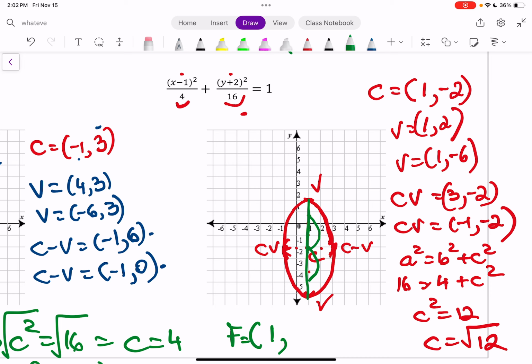So as you see, the X coordinates are still going to be 1. Yes, we are on this vertical line where all the X's are 1. And then from the center, which is down at -2, we have to add the square root of 12. And then we have to subtract the square root of 12. And that's how we'll get to those foci.